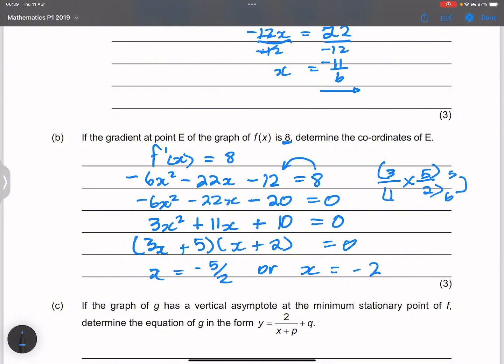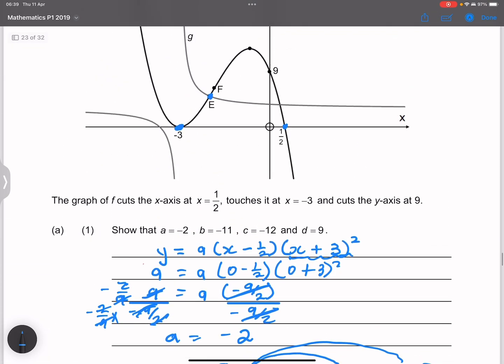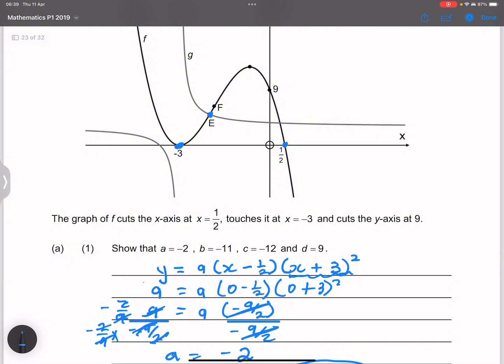But now we are looking for the x coordinates of E. If I look at E, in this case, this would definitely be before the other turning point. So I would tend to take the point after the point of inflection. All right, so that would be the smaller value.